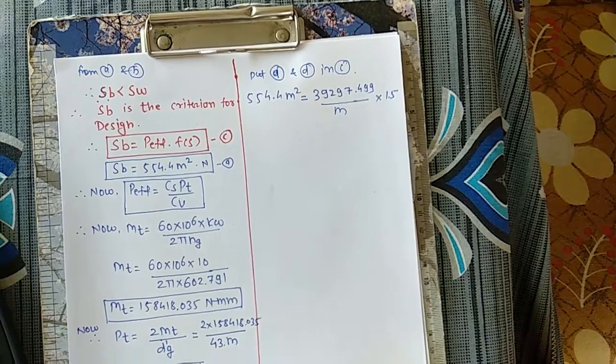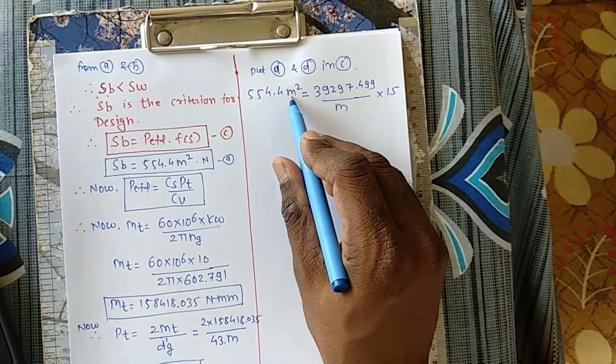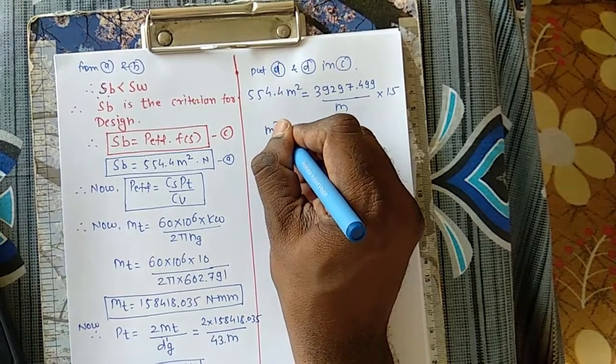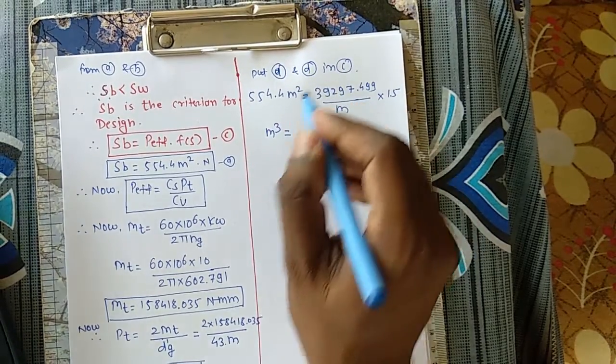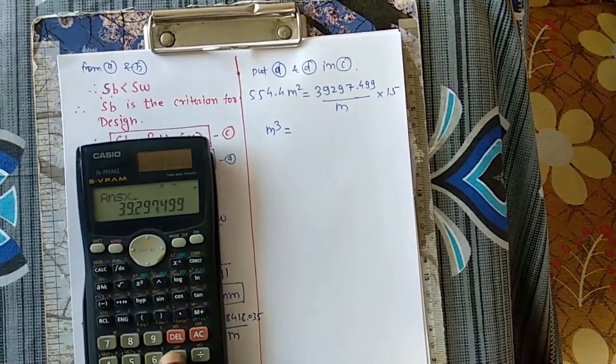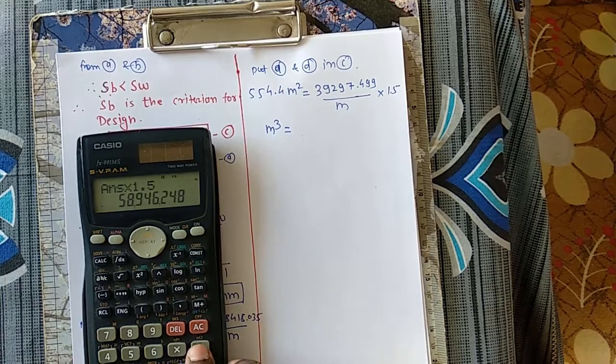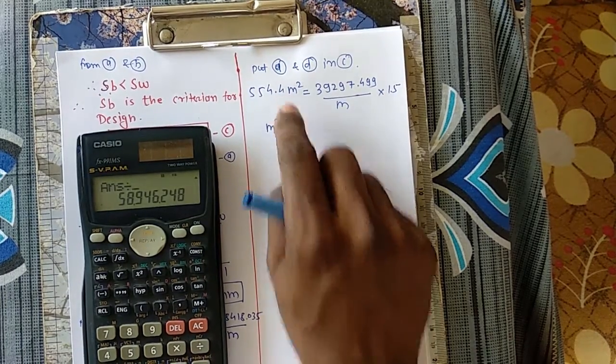Now we will calculate the module. I will take this m on this side, so it will become m cube, and that is equal to 39297.499, multiplied by 1.5, and divided by 554.4.